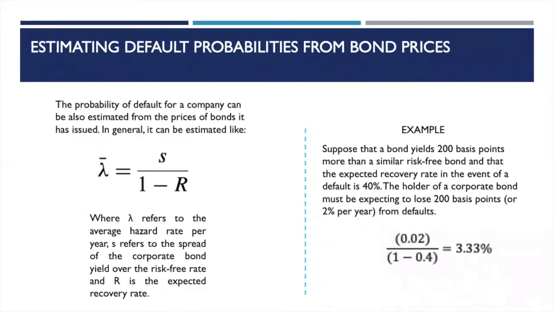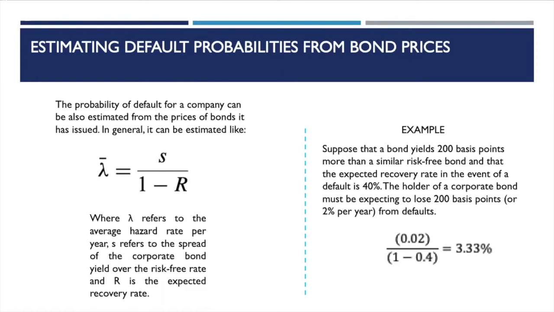Now we are going to talk about how to estimate default probabilities from bond prices. The probability of default for a company can be estimated from the price of the bond it has issued. The only reason a corporate bond sells for less than a similar risk-free bond is the possibility of default.